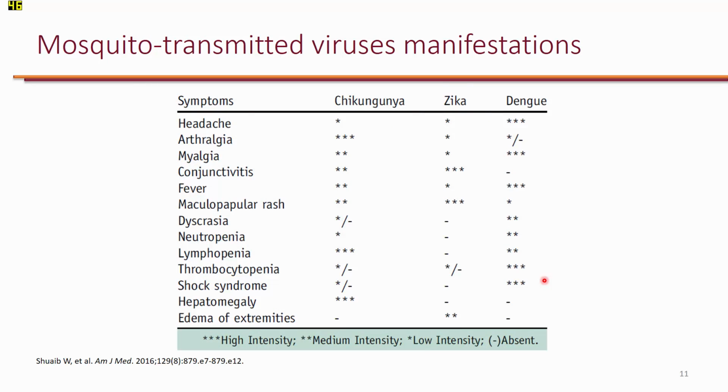Now, when you compare the symptoms of chikungunya, Zika, and dengue, these viruses are pretty much related through evolution to each other, including sharing the vector for transmission. One thing that stands out is that when it comes to thrombocytopenia, dengue is actually known for high intensity thrombocytopenia.